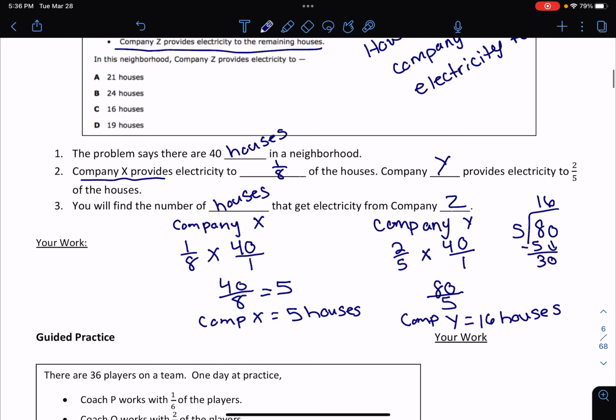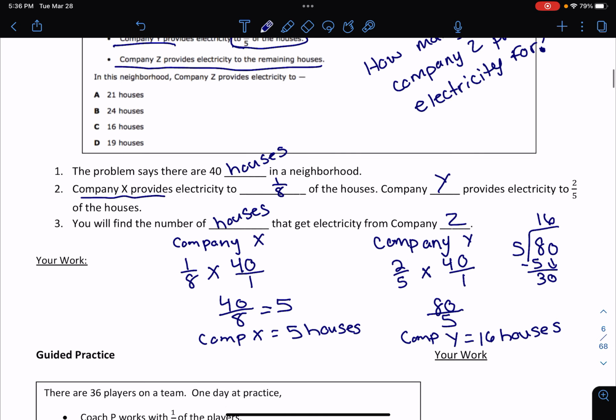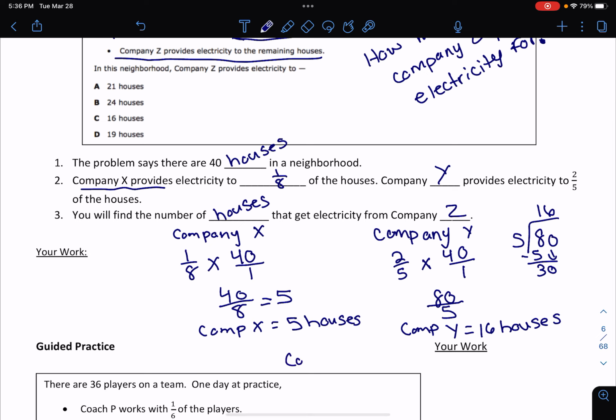So that means company Z provides electricity to the remaining houses. How many houses are left? So you have 40 houses total. Whoops, I've left off the 0. Okay. You have 40 houses total.